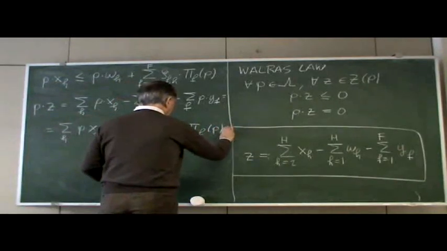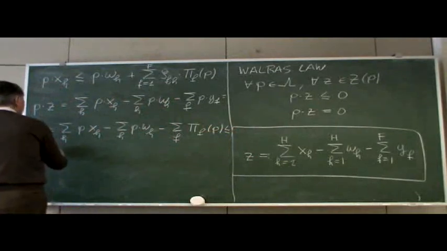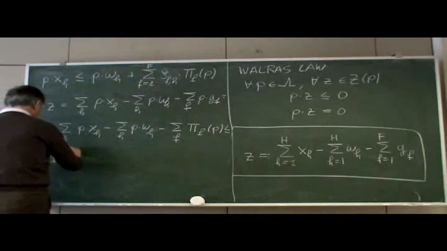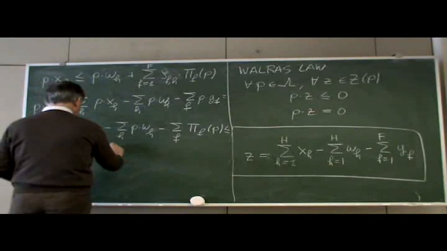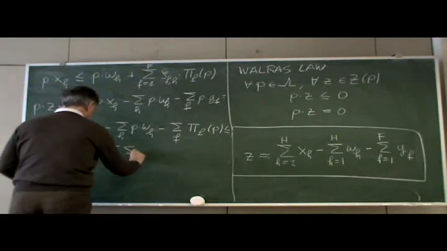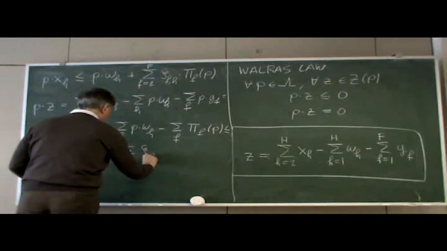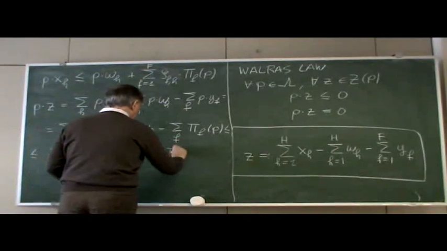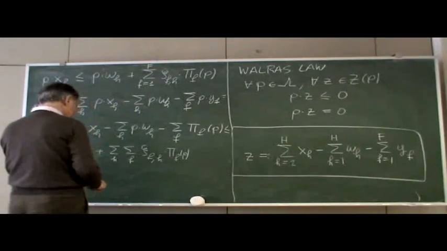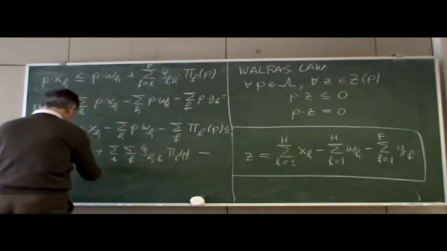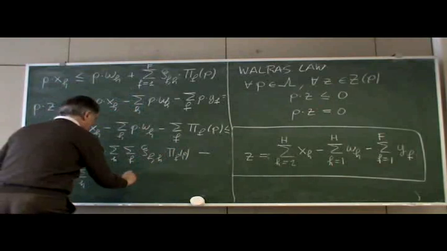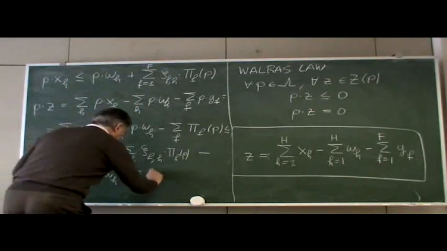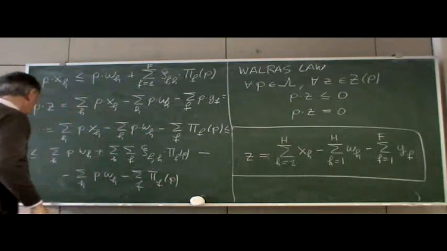Therefore, this is less or equal to a sum for h of P times omega h plus sum for h, sum for f of xi f h times pi f of P, minus sum for h of P times omega h minus sum for f of pi f of P.